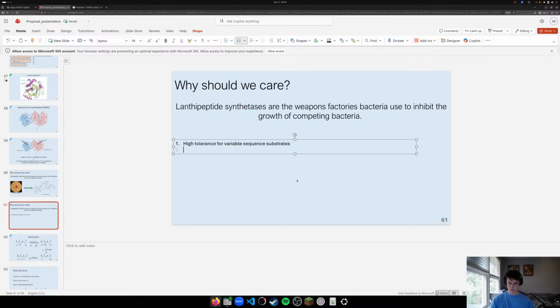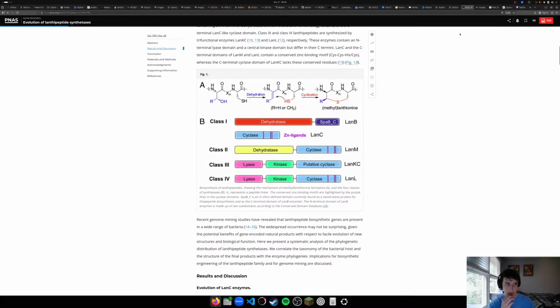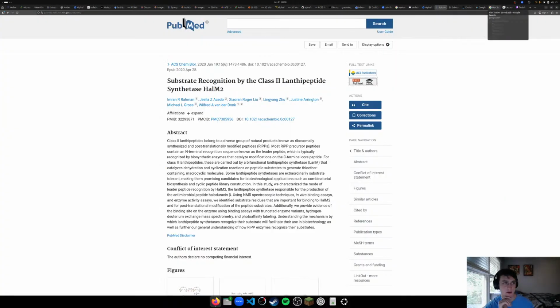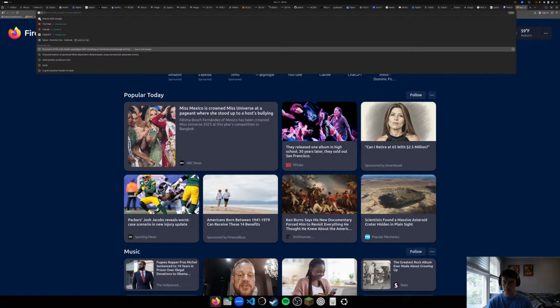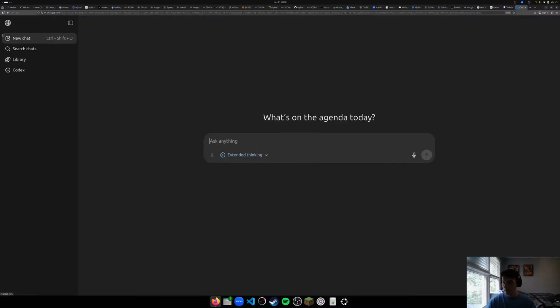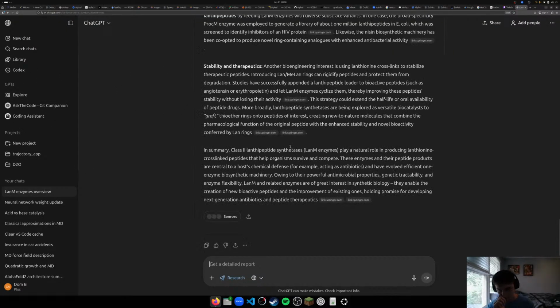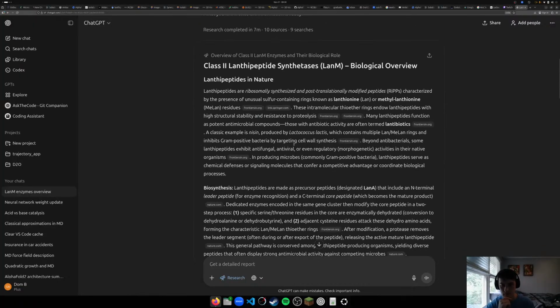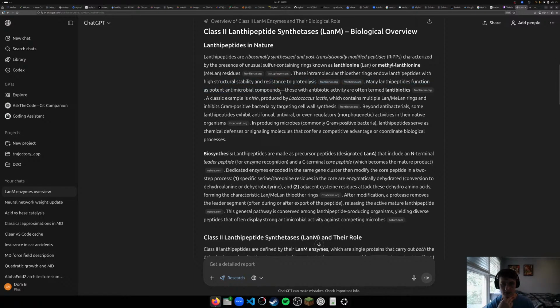Another thing is what makes these, I think I asked ChatGPT to do that. Yeah. Alright. Lanthipeptides: high structural stability and resistance to proteolysis, antimicrobial compounds, terminal antibiotics, nisin.